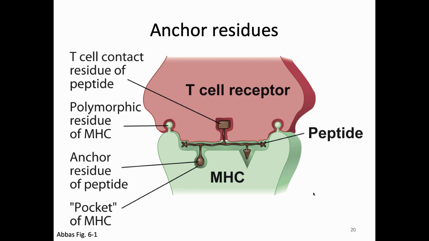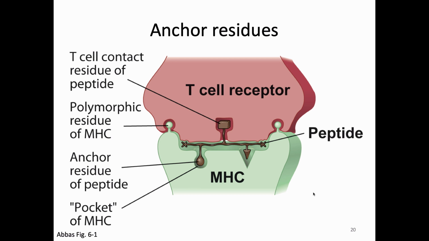And what you can see is that there are these pockets that will interact with specific R groups of specific amino acids. So you might have one that's big and bulky that fits that tyrosine that I showed you. You might have one that's long and skinny that fits the lysine that I showed you. And so they will be differently shaped pockets to accommodate different amino acids.